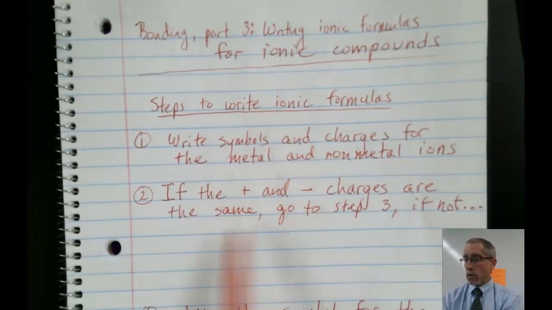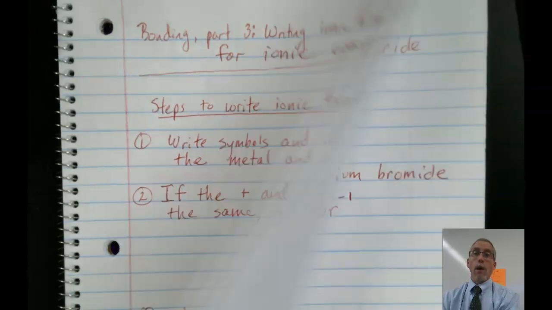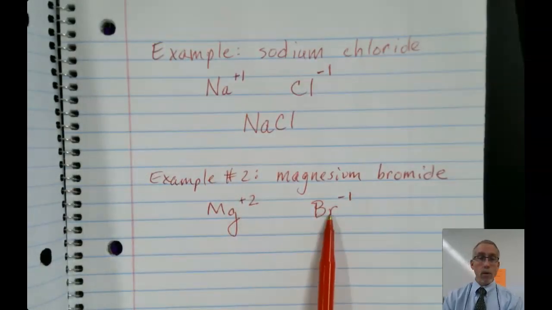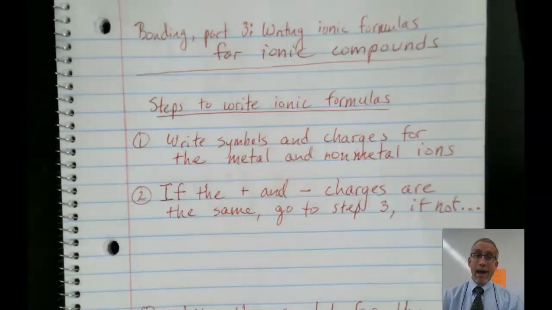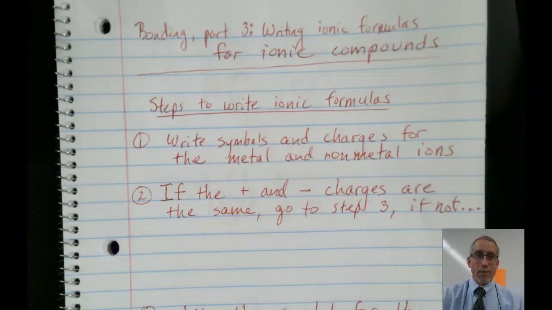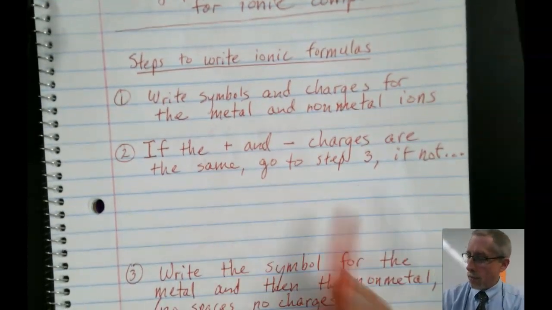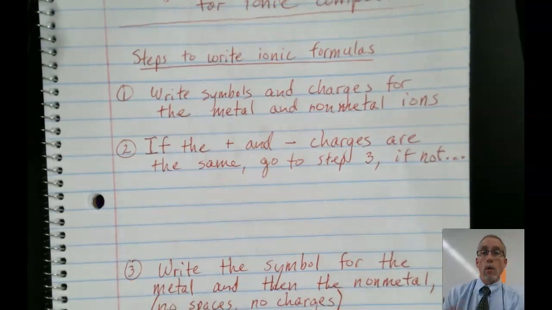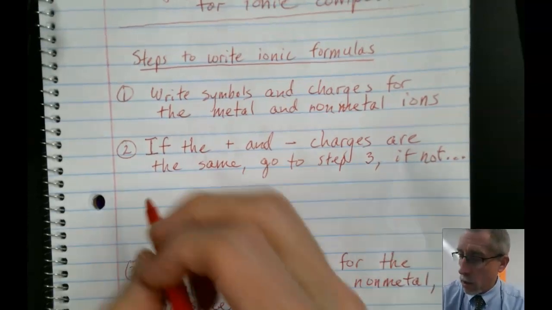If the plus and minus charges are the same, go to step 3. Well, this time they're not. We've got more of the pluses and fewer of the minuses. So we need to add to step 2 now. All right, so here's what we'll add. If the charges on the two ions that you're dealing with aren't identical, here's what we need to do.